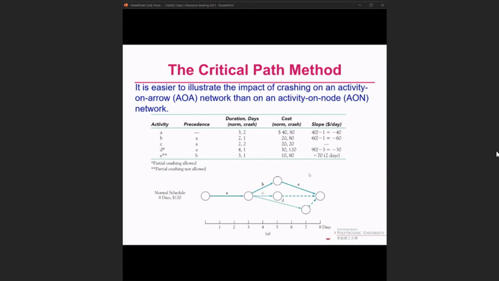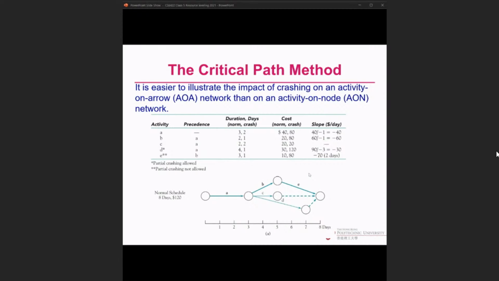When you crash the activity, after you finish the first stage of crashing a project for the first time, then you should draw an AON or AOA to understand, okay, in this current situation, whether the critical path has been changed or not, or whether there is more than one critical path. Okay, so that you can go further.